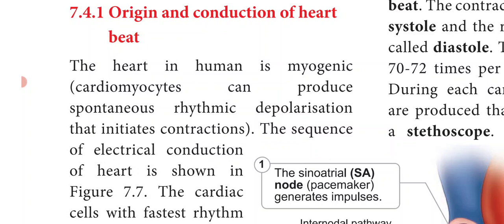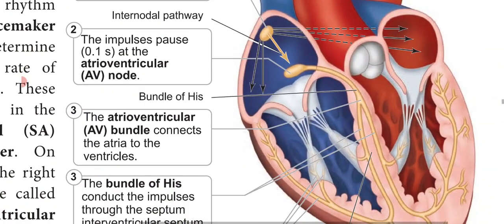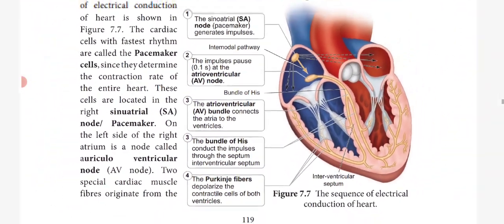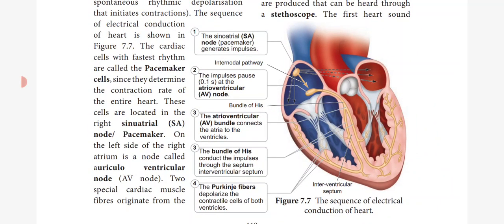The sequence of electrical conduction of the heart can be seen in this picture. The cells present in the cardiac muscles, or the cells of the heart, are called cardiac cells.